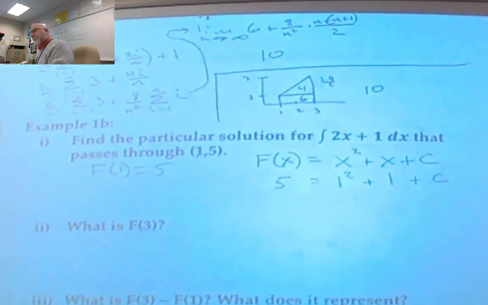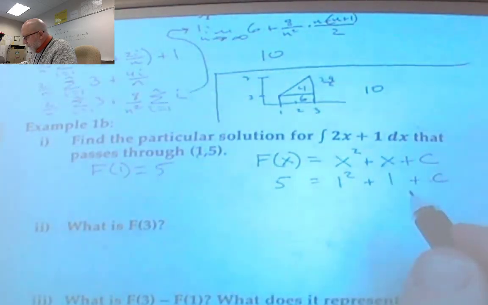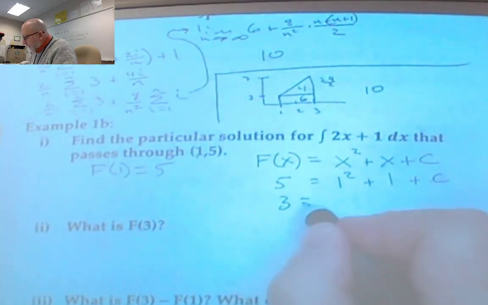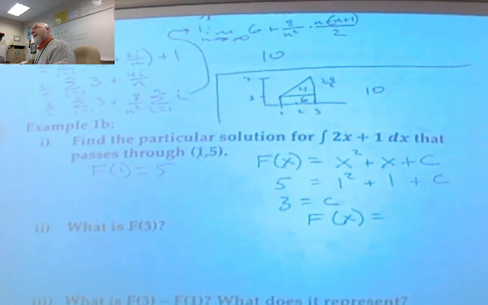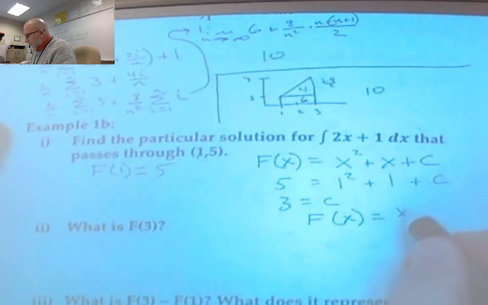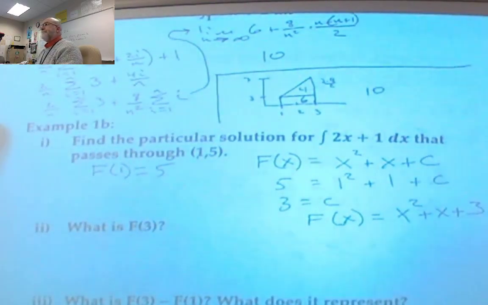You see that? So, what would I get here? 3 would be equal to C. So, what's f of x equal to? There's my particular solution. That would pass through that point.